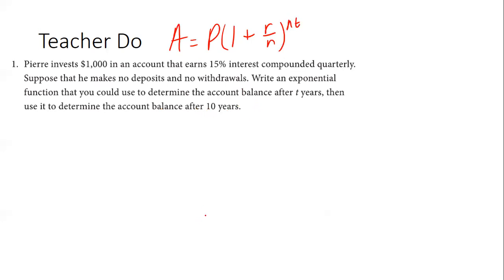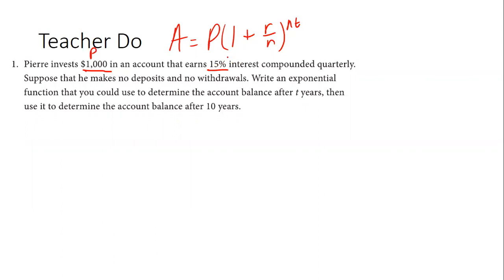Okay, so I'm going to read back through and mark my text. I have 1,000. 1,000 represents my P, my principal amount, my initial investment. All right, so we're at 15%. The 15% is going to be my R. Does that make sense?